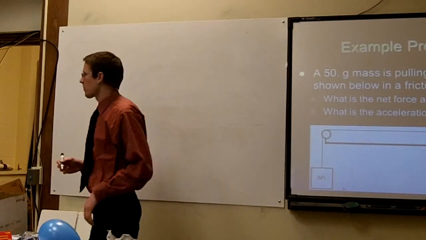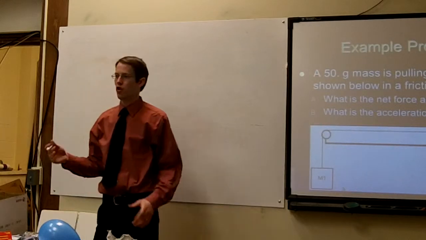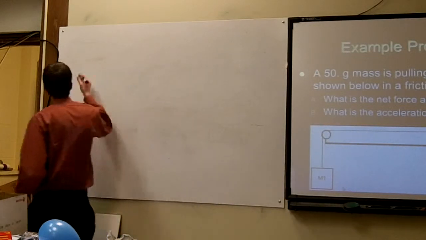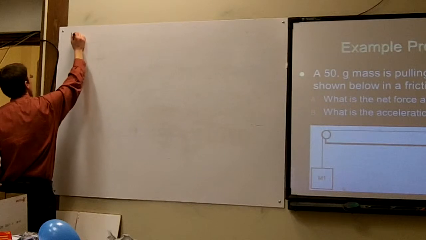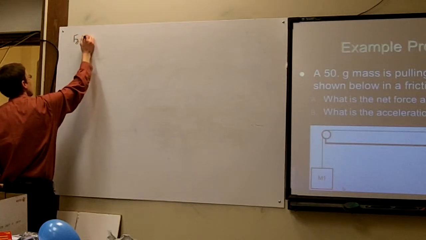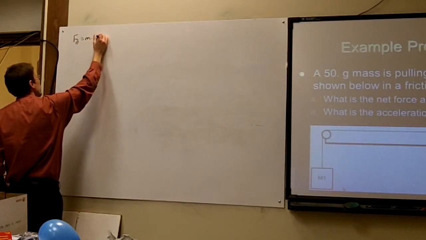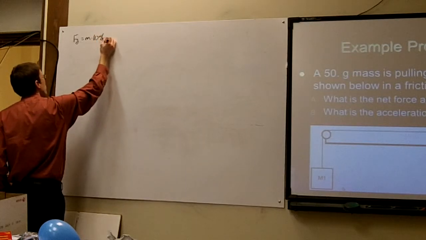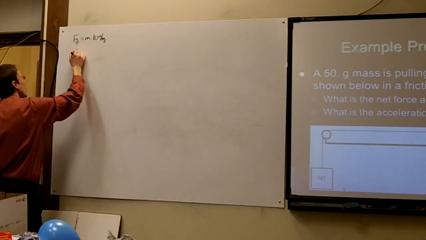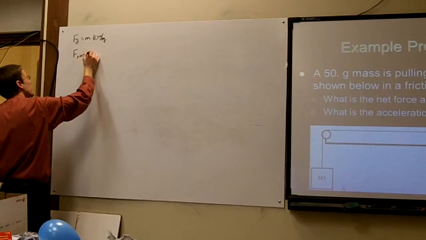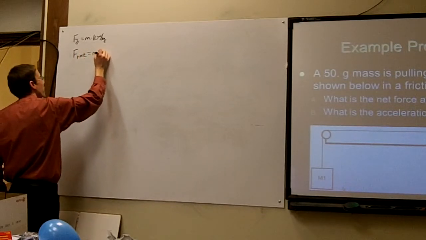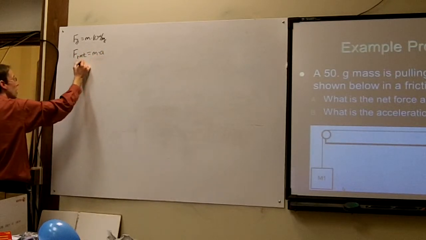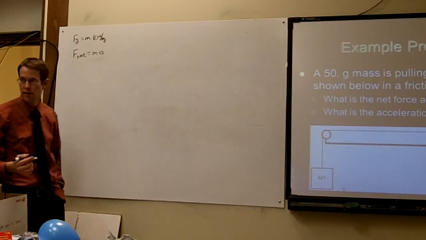All right. So the equations that you need to solve problems for these are essentially: force gravity is equal to m times 10 newtons per kilogram. Force net is equal to m times a. And then you need the other definition of force net.